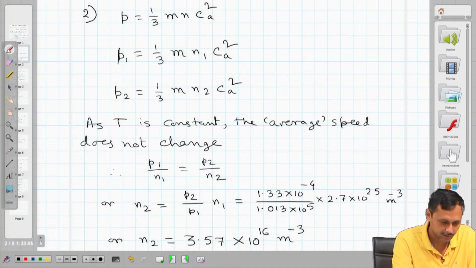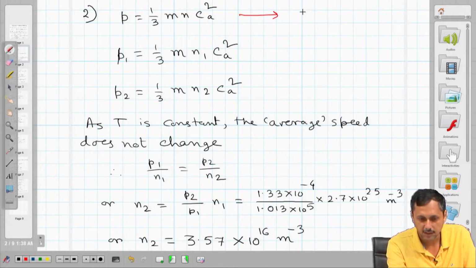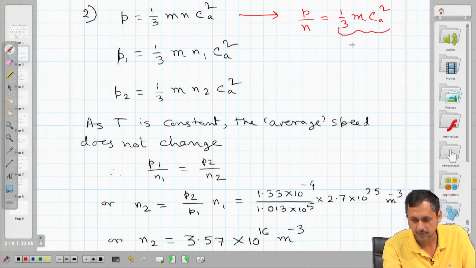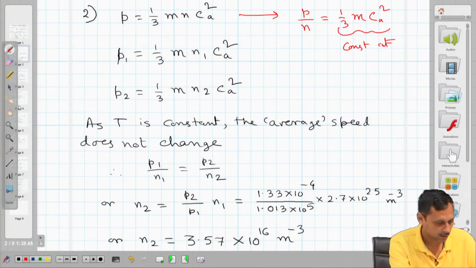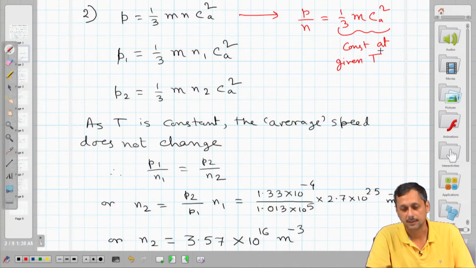Always see here, when we rewrite this expression, we see P by N is equal to 1/3 m C_s square, which is a constant at a given T, right.